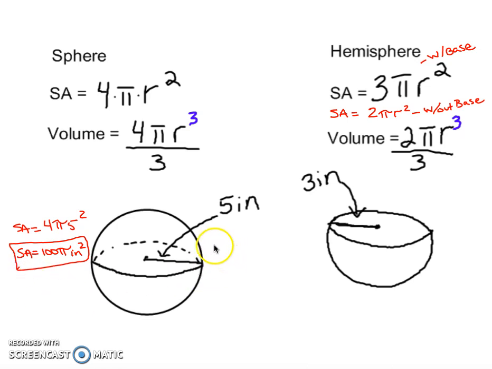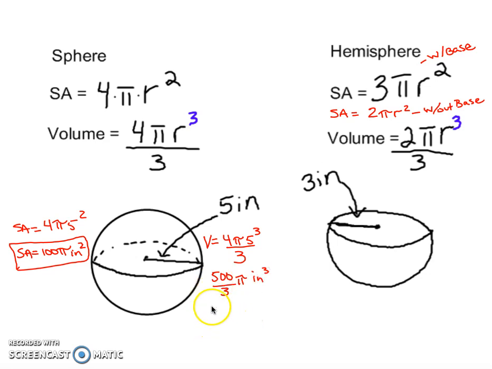And then for our volume, we'll do that over here. Volume equals 4 pi. Again, our radius is 5 cubed. And then we're going to divide all that by 3. So we would end up with 500 divided by 3 pi.